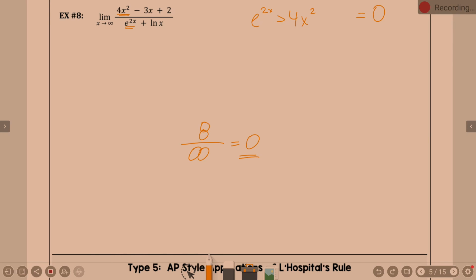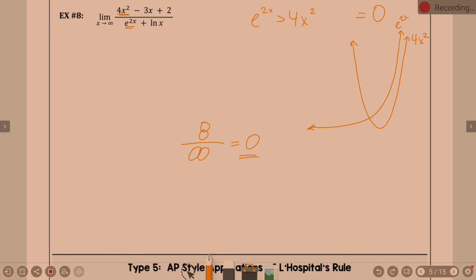Okay. So hierarchy: e to the 2x essentially has a bigger power than 4x squared, and if you look, it goes up steeper on the graph. Obviously that is my variation of 4x squared, right? e to the 2x will do something like that.